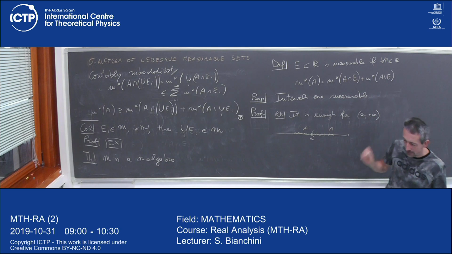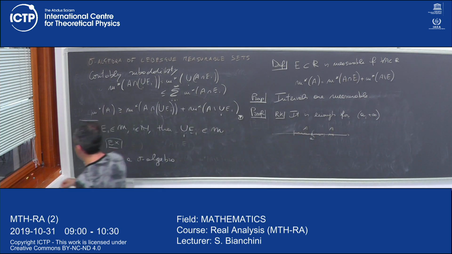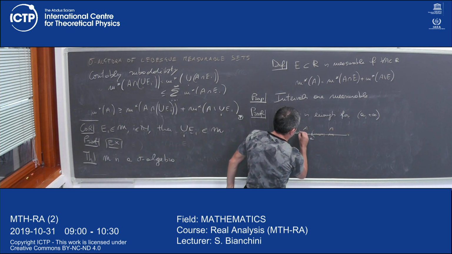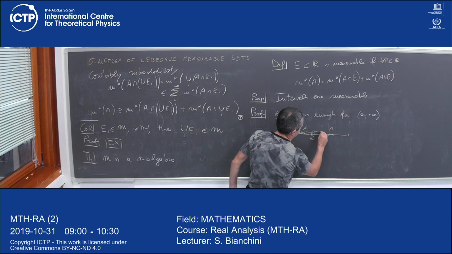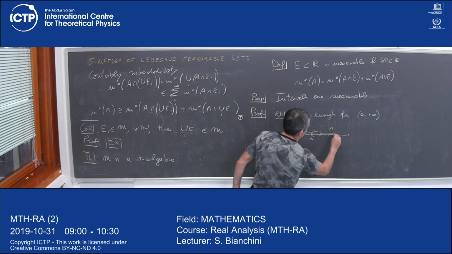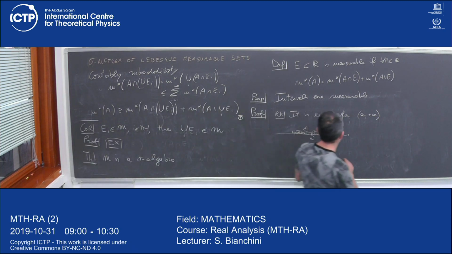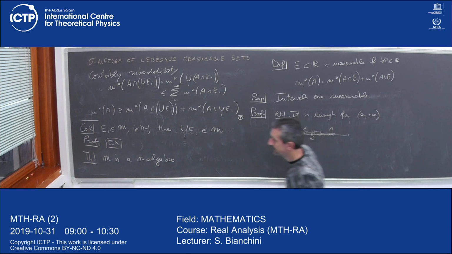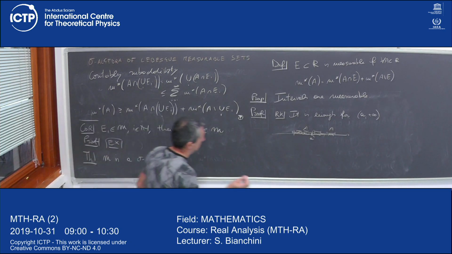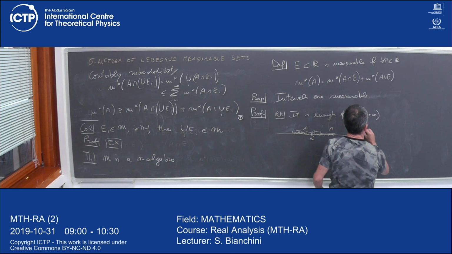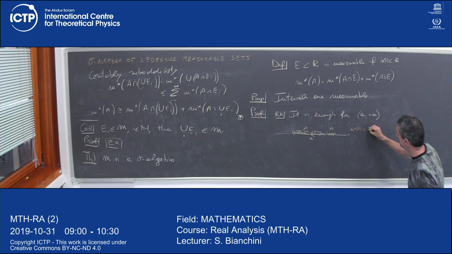So the first step is that I give you a covering of this capital A. Essentially the covering is such that M star of A is close to the sum of the lengths of these intervals.